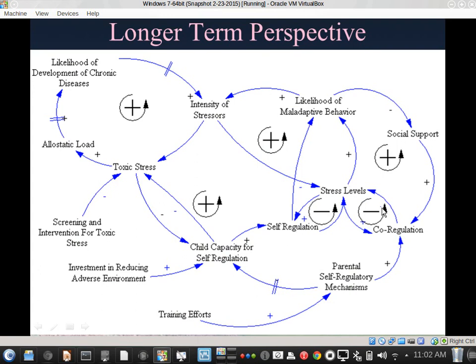So we have these co-regulation mechanisms, but we also have components that are subject to intervention. For example, screening efforts might decrease the amount of toxic stress within our environment, which lowers the intensity of this loop and makes it less likely that allostatic load will be imposed.